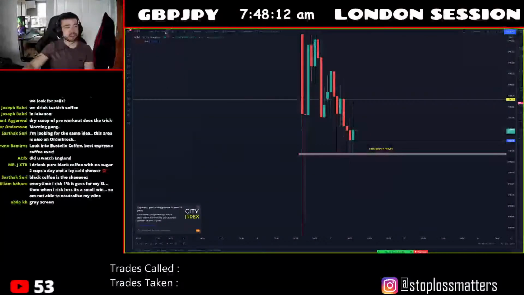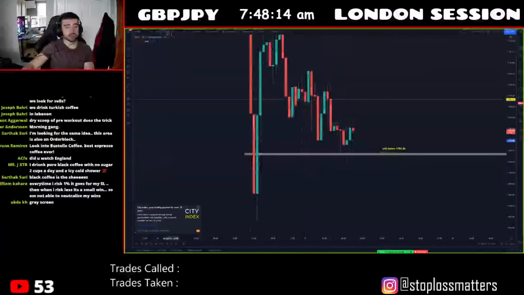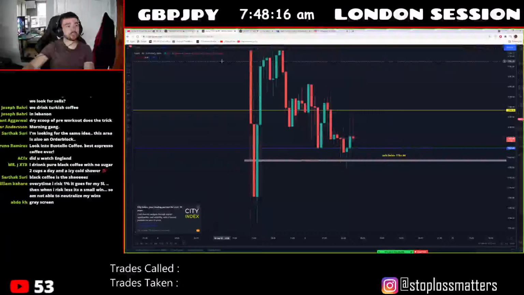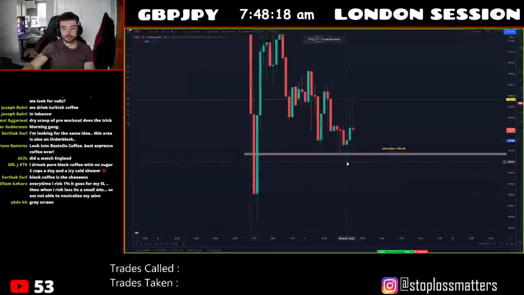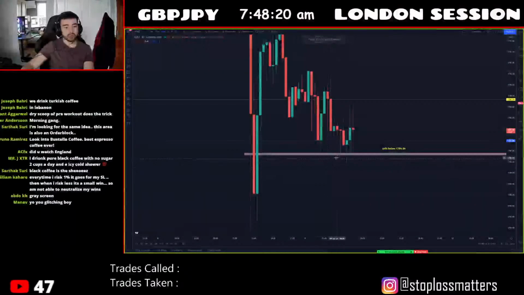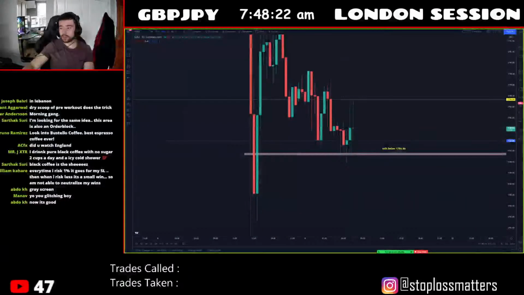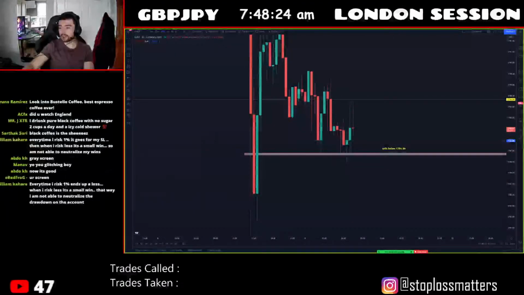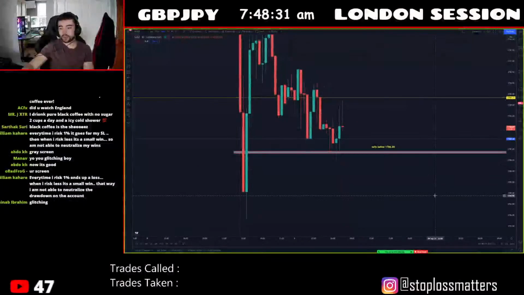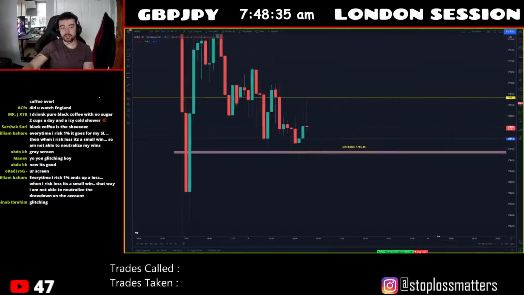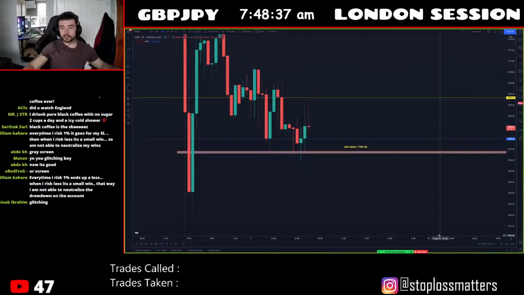Why is it taking so long to load these charts, man? It's pissing me off. Ooh, look at this. This is gonna be tasty. Grey screen. What the fuck? Is the screen now good? Is it glitching? Let me take my Wi-Fi off.